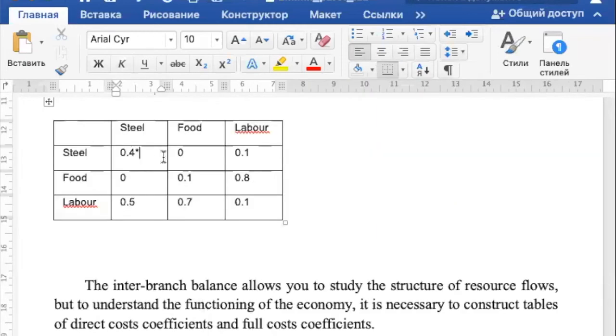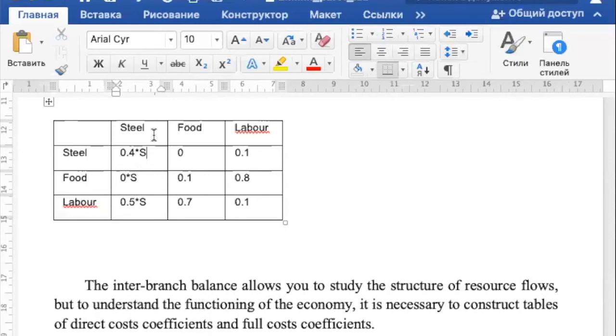So now we need to add into our matrix of direct coefficients the output of each industry if we want to find the interbranch deliveries Xij.